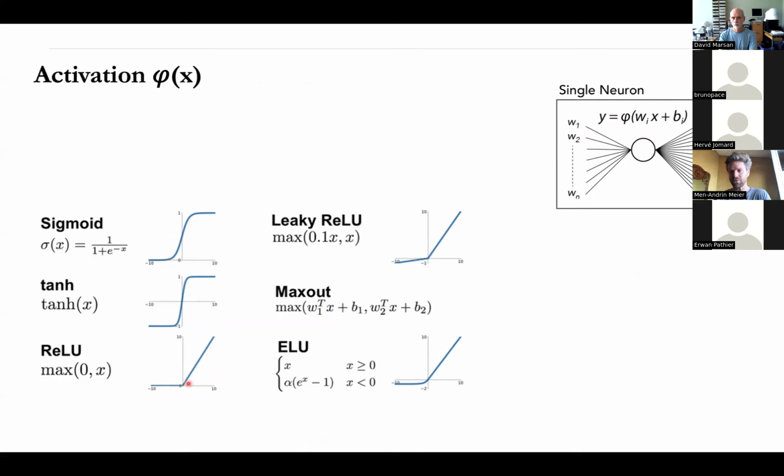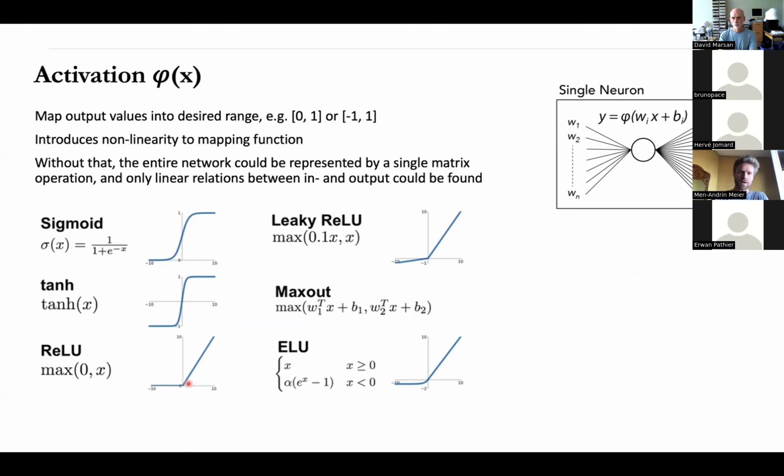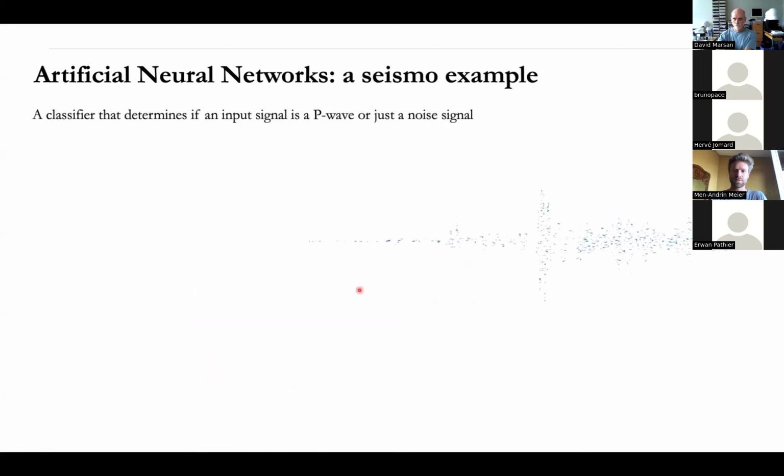And you want to use different ones in different contexts. Without this activation step, the whole network operation would be linear. So you could basically express this whole thing as one big linear algebra operation, but then you'd have the same limitation as with just a linear classifier. You could only map linear relations between inputs and outputs.